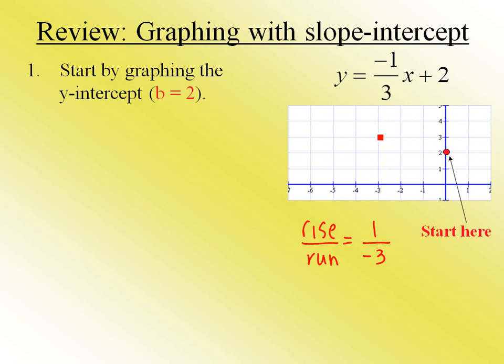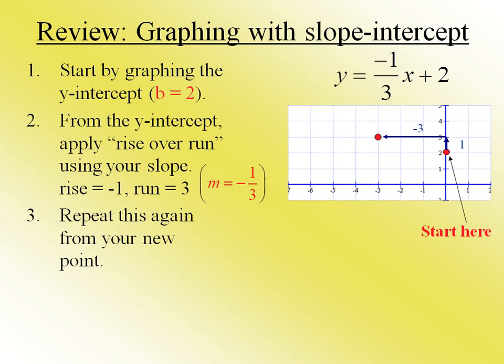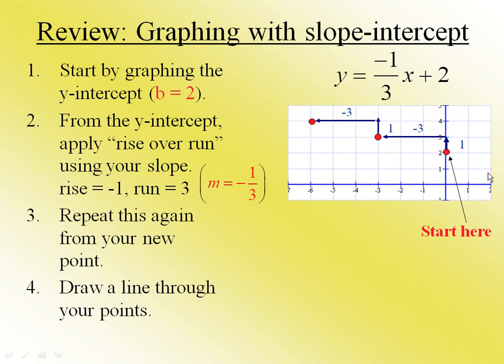You choose. You decide. Alright, you can repeat this again, and you will go up 1 to the left 3, or as I've said, I normally go down 1 and over to the right 3, but you're still going to end up on the same line.